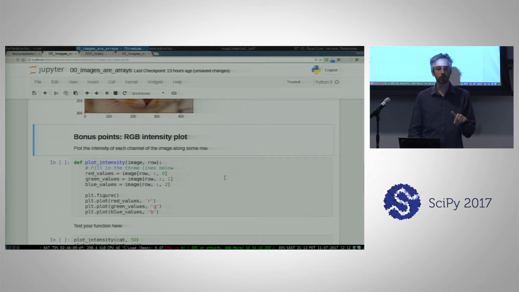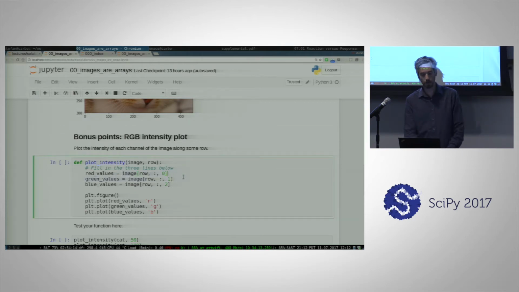Who got to this one? Yeah, good. So I want you to plot the red, green, and blue intensities of a specific row of a color image. So I want to separate out the red values, the green values, and the blue values. So I slice the image, the NumPy array, at that specific row. So remember, my dimensions are rows, columns, and then depth, or color layers.